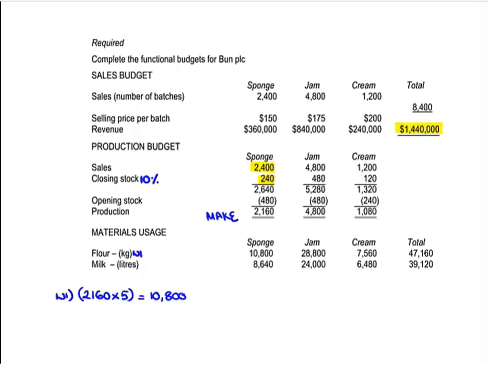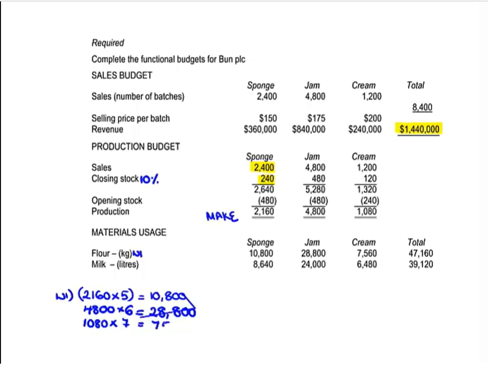4,800 cakes, each one uses 6 kilograms of flour. Remember, this is per batch rather than per cake, and that gives us 28,800. And finally, for the cream cakes, we're making 1,080 of those, and each one uses 7 kilograms of material.